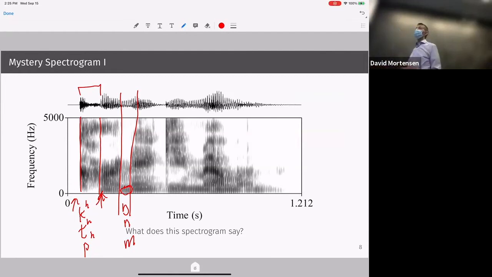Now, this is based on Bayes' rule, right? In the noisy channel model, you're trying to maximize the likelihood of one thing based on the likelihood of another thing.